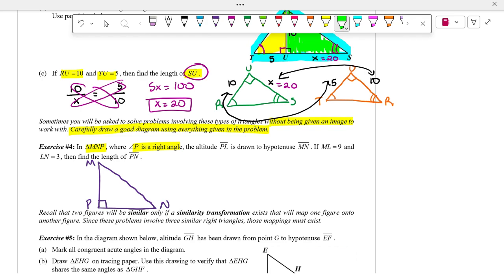They then drew an altitude PL to the hypotenuse MN. So MN should also be your hypotenuse, which it is. So I'm going to draw an altitude from P all the way to some point here. We'll call that L. And it's an altitude, so it hits in 90-degree angles.